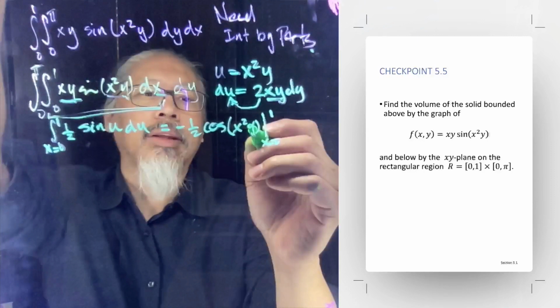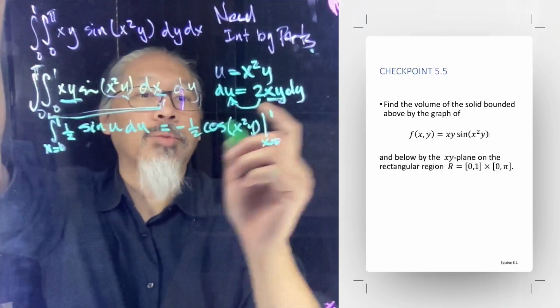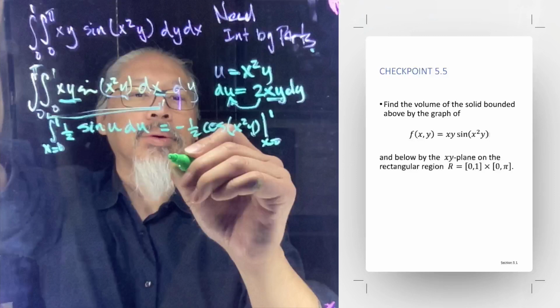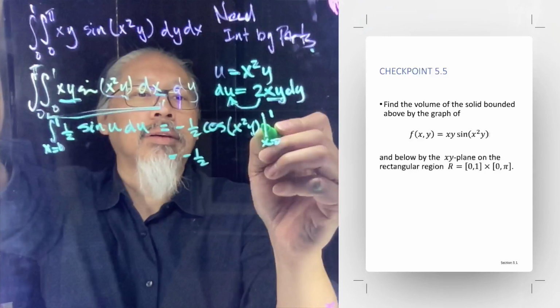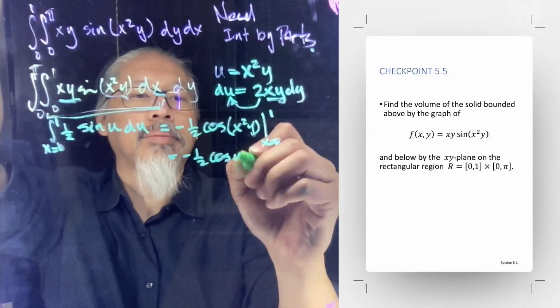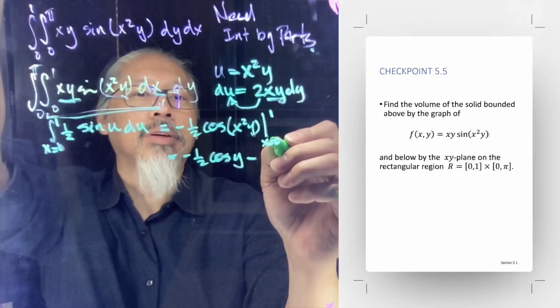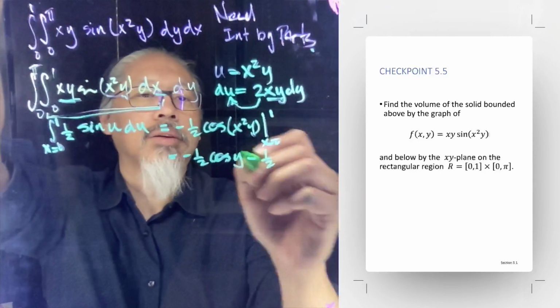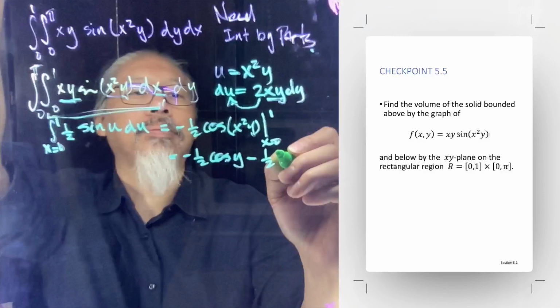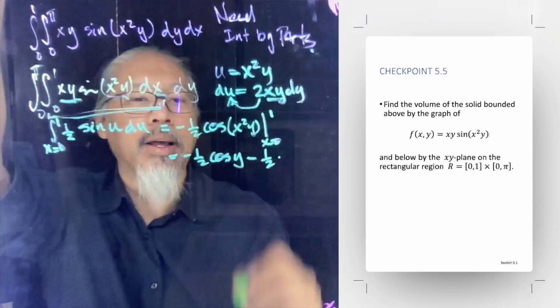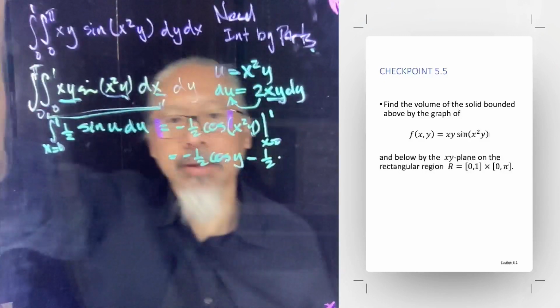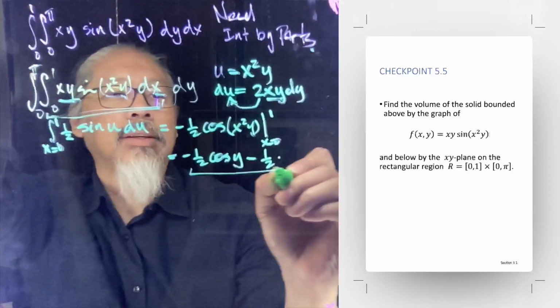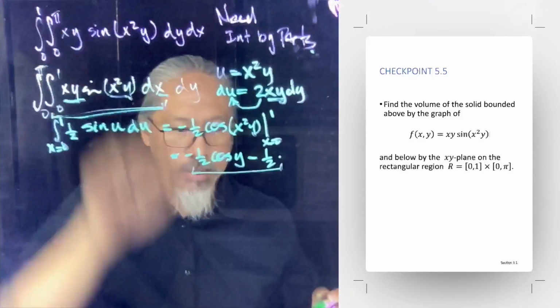If we put 1 in for x, we're going to get cosine of y, and if we put 0, cosine of 0 is 1, so let's just put that there.